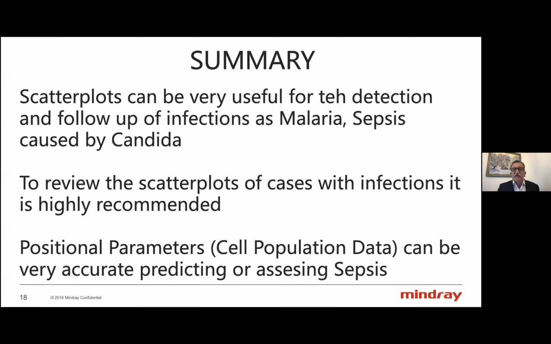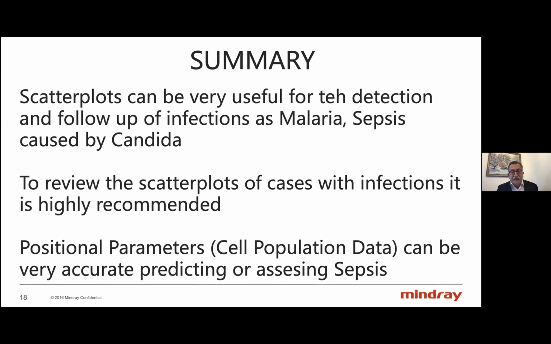Scatter plots can be very useful for the detection and follow-up of infections such as malaria and sepsis caused by Candida. To review the scatter plots of cases with infections is very highly recommended. And positional parameters and cell population data can be very accurate in predicting or assessing sepsis.